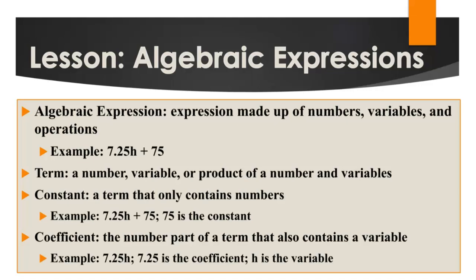So all numbers are constants, but not all constants are going to be a coefficient. So for it to be a coefficient, the coefficients have to have a letter attached to it. So 7.25 is a constant, but it's also a coefficient because it has the variable h attached to it.